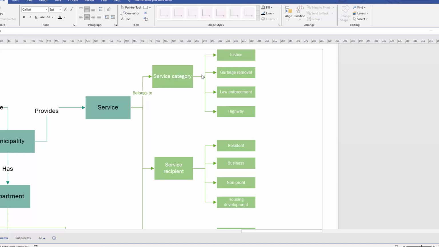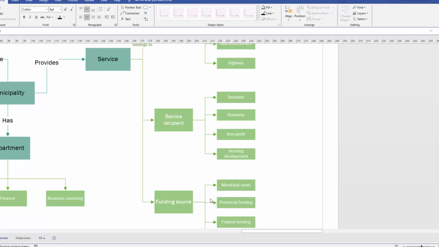Service category, and then these service categories include, so these are the subtypes of service categories, these are the subtypes of recipients and funding sources. So service is provided to the recipient.